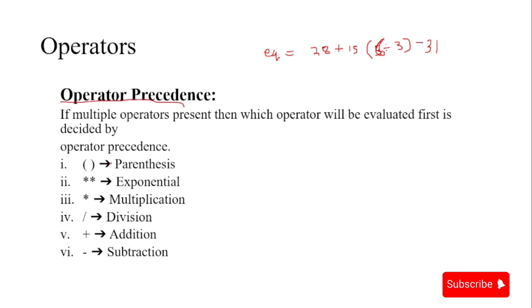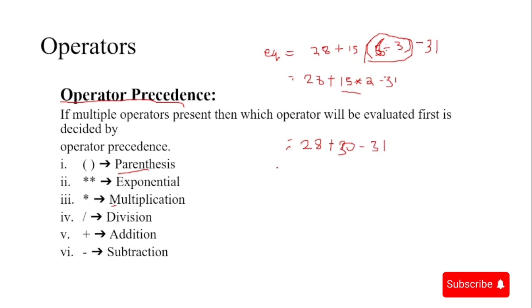So we start with the brackets or the parentheses. We solve this first. So that is 28 plus 15. We've solved our parentheses, and then we need to perform the multiplication, which will be 28 plus 30 minus 31.